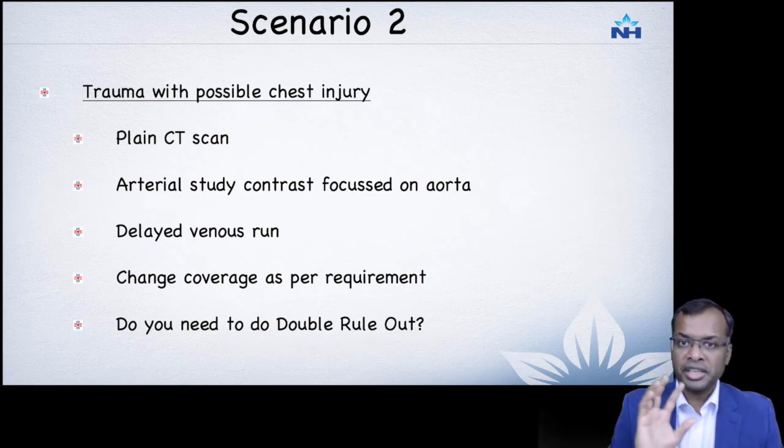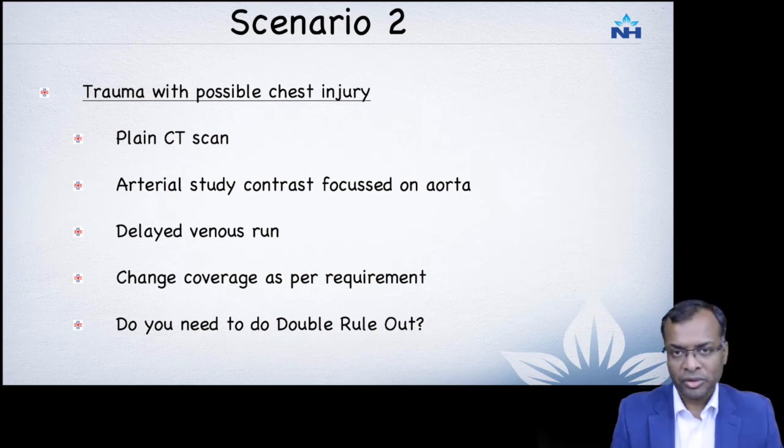So it pushes the contrast through and you get very good images of both the pulmonary vasculature as well as the aorta. So 40 high rate, 30 medium rate, 30 high rate. So it's like a varied injection rate to attain good contrast opacification of all the vessels.